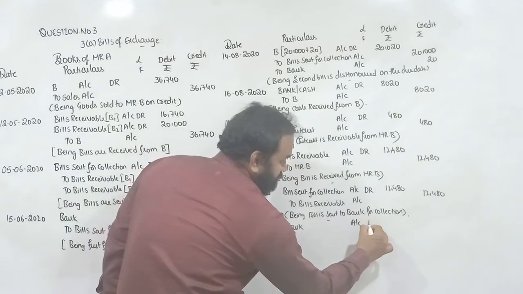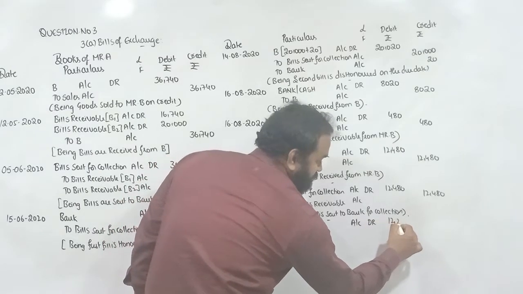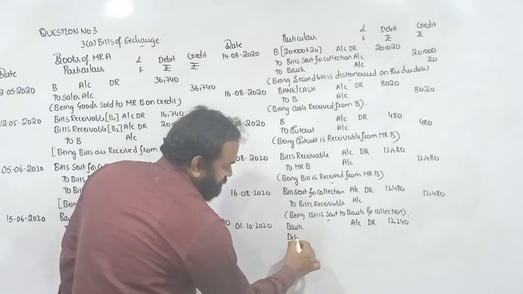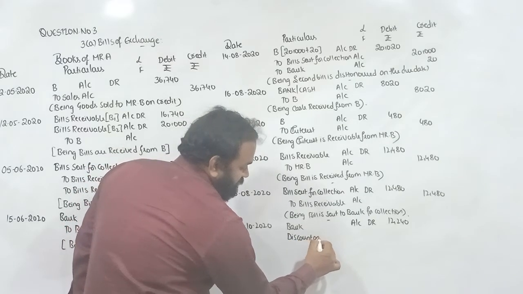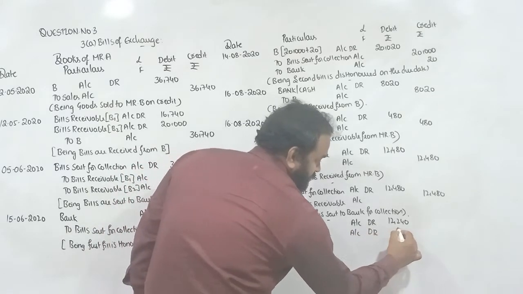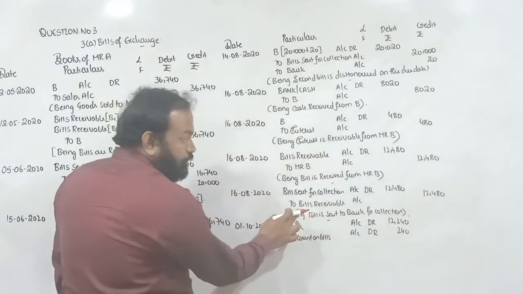Bank account debit 12,240. Next, discount on bills account debit 240. Not bills receivable.